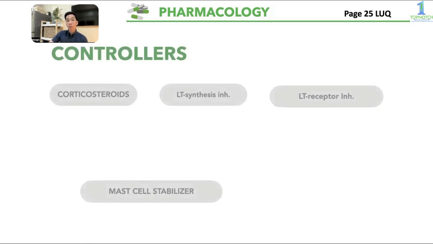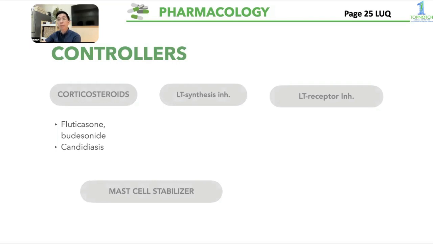Next, we have your controllers. Kung kanina na-discuss natin yung mga relievers natin, ngayon yung controllers natin. Main na ginagamit natin as a controller medication in asthma are our corticosteroids. Your corticosteroid includes yung fluticasone, budesonide, no?